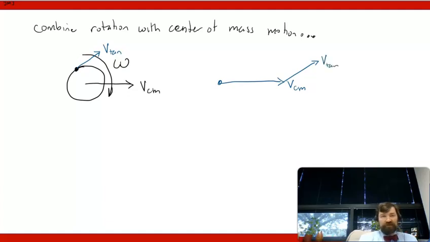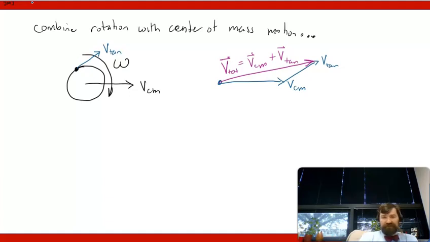And so my total velocity for that one point at that one moment in time is given by the vector sum. So v total is equal to v center of mass plus v tangent, or tangential. It should be evident that the center of mass motion is the same for every point on the wheel, but the tangential motion is not.